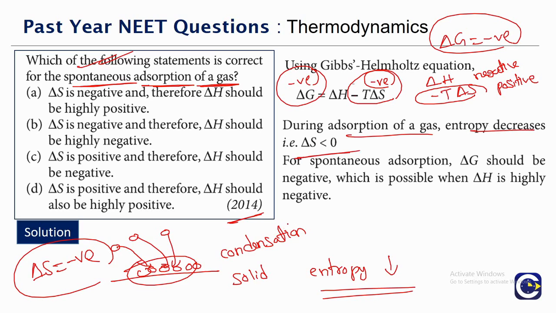Okay? And we are saying that for spontaneous adsorption, del G must be negative. So what is the requirement we need to have? The delta H value should be highly negative. Why highly negative?